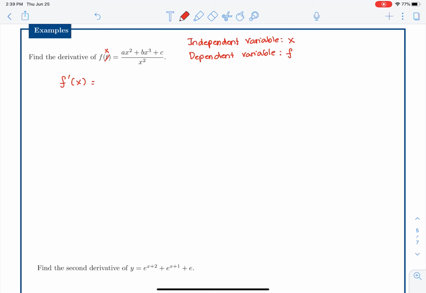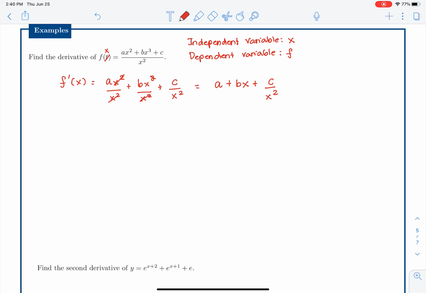Since the common denominator is x squared, we could write it as ax squared over x squared plus bx cubed over x squared plus c over x squared. The x squares would go away, so we have a plus b, the x squared and the x cubed would get cancelled, we have bx plus c over x squared.